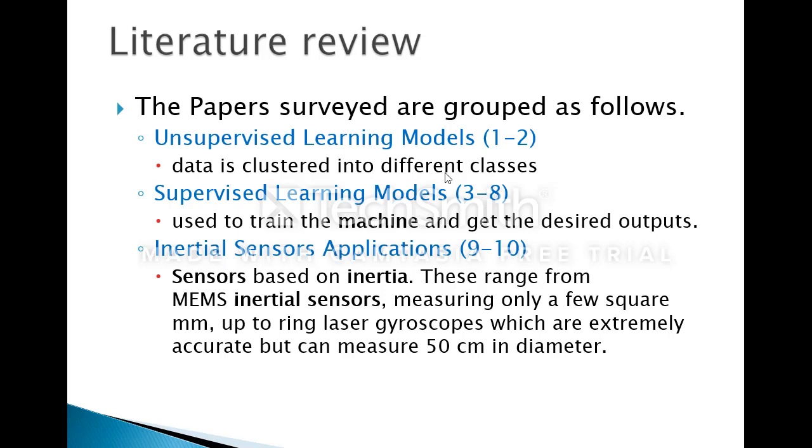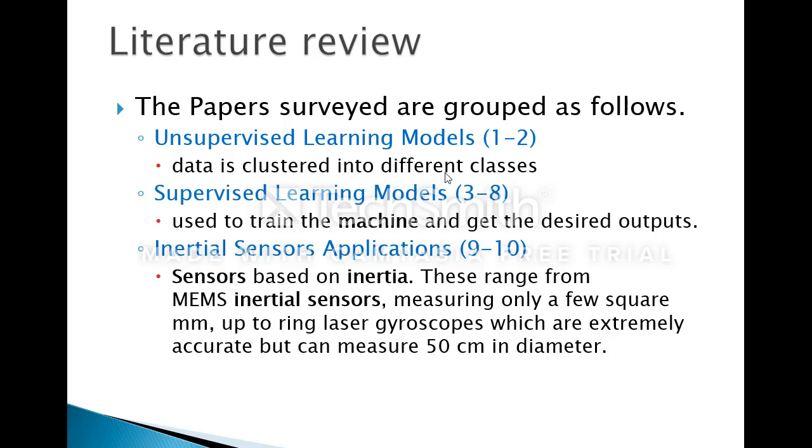The papers surveyed here are grouped as follows. We have unsupervised learning models, in which the data is clustered or divided into different classes and groups. Supervised learning models are used to train the machine so we can get the desired output from it. Then inertial sensor applications, which are based on inertia or movement.